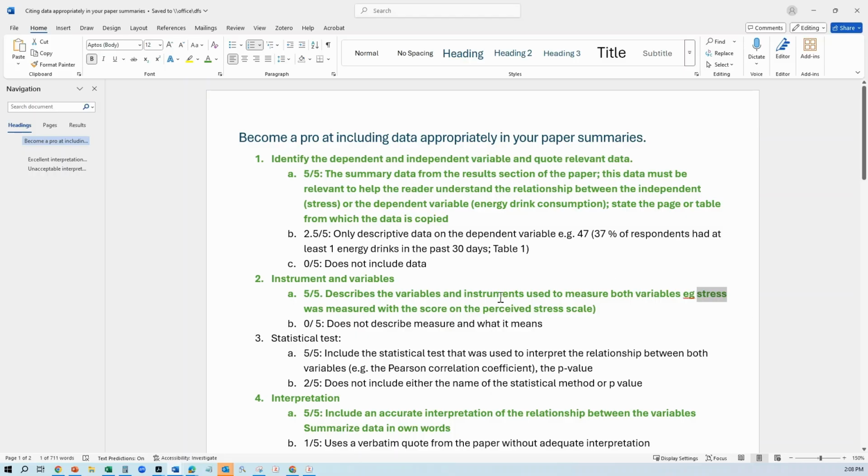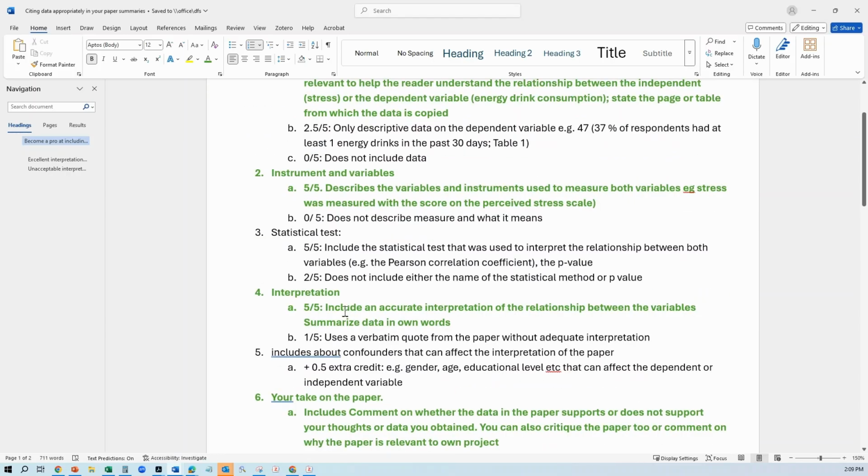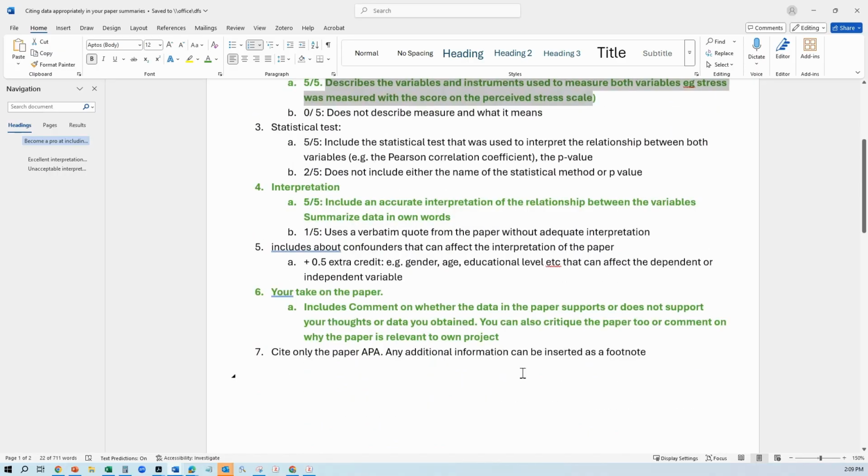So talk about what was actually measured, not what it means at this point. And then you should now interpret what that means. Now you can summarize it in your own words and say, oh, well, the guys that were more stressed took more energy drinks. At this point, this is interpretation because you've already given me context to let me know how you determined that they were stressed and how you determined how many energy drinks they consumed, and so on.